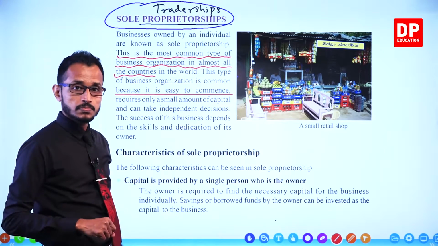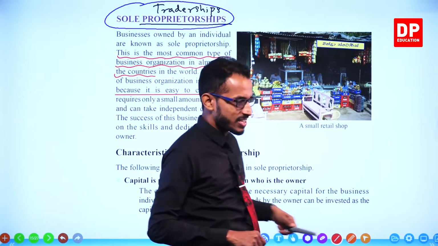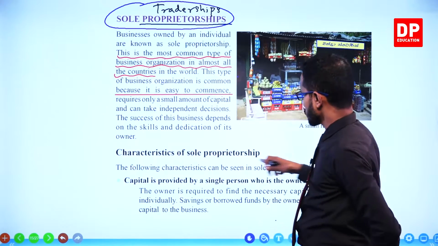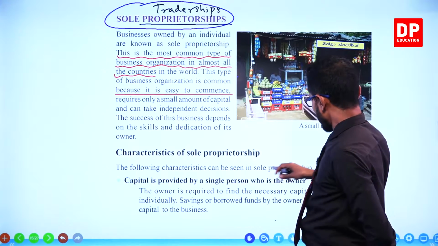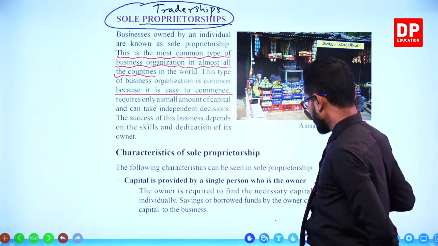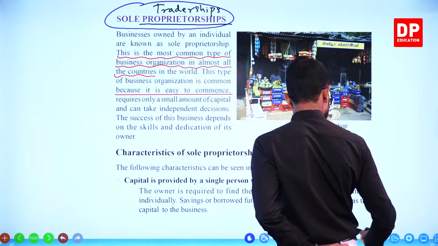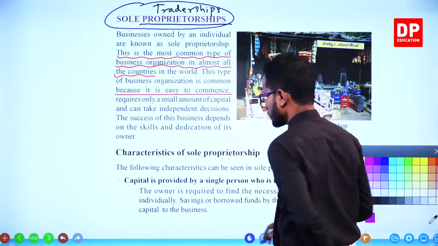Okay, characteristics. Let's read out the text. The following characteristics can be seen in sole proprietorships. Capital is provided by a single person who is the owner. We talked about that, didn't we?